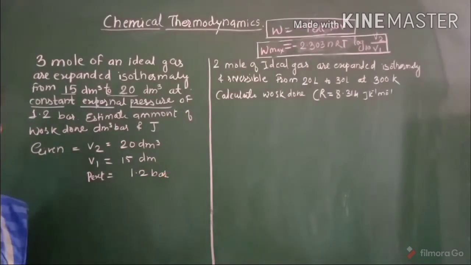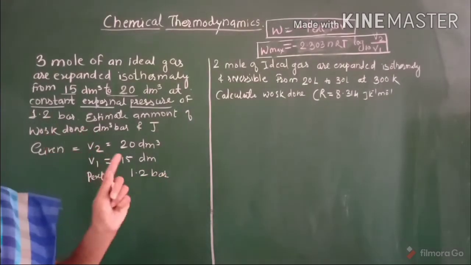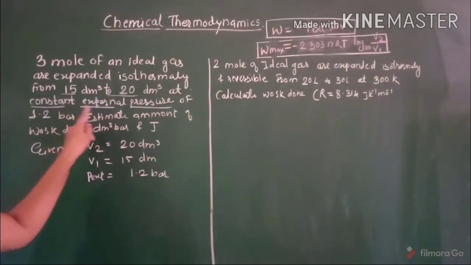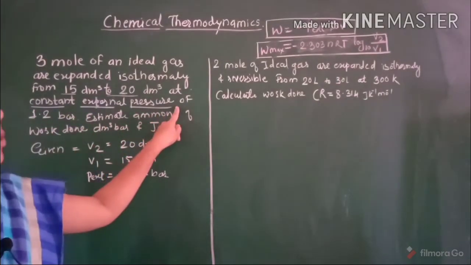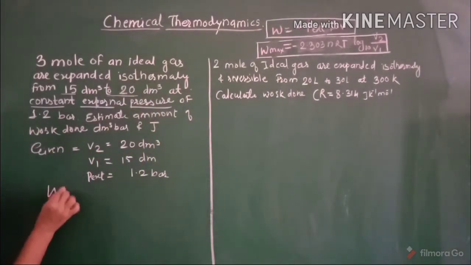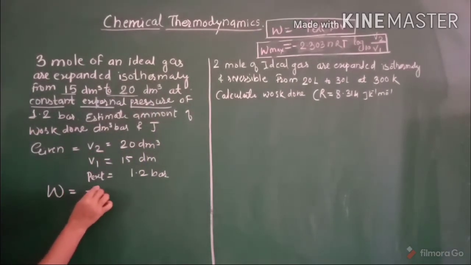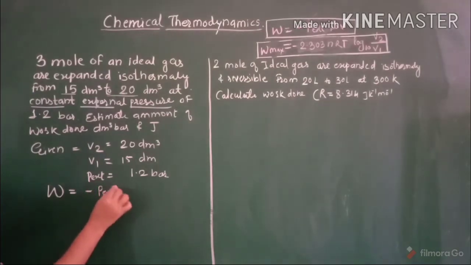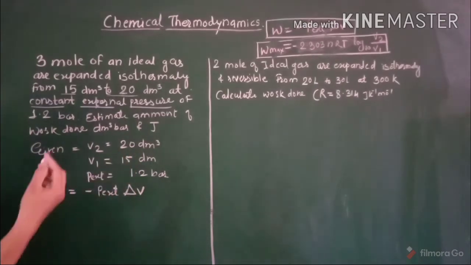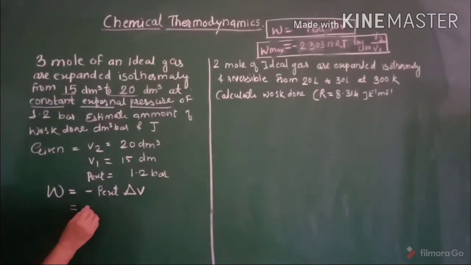That means which formula you have to use? The first one. If the constant external pressure is given, you have to use the first formula, that is W equals minus P external del V. So simply put in all the values.